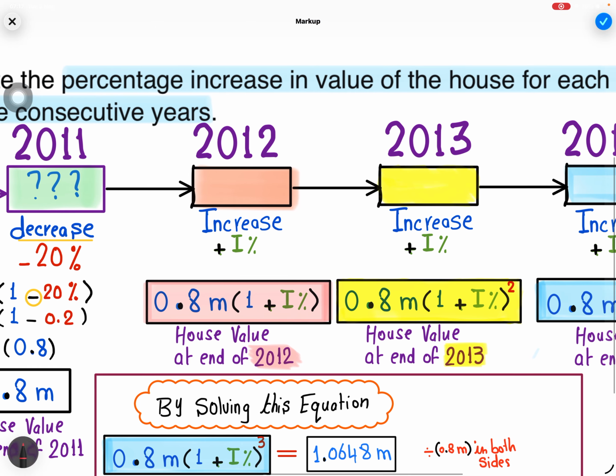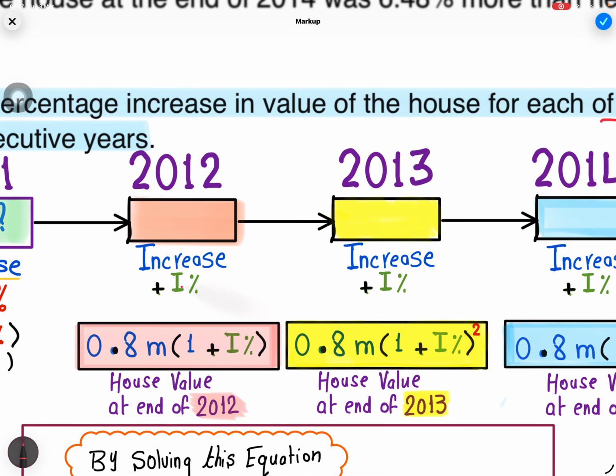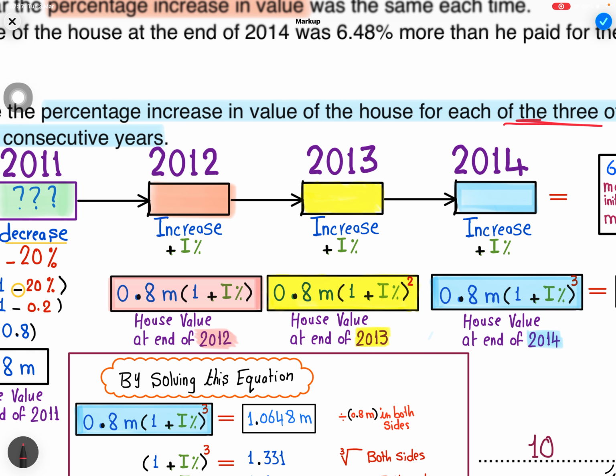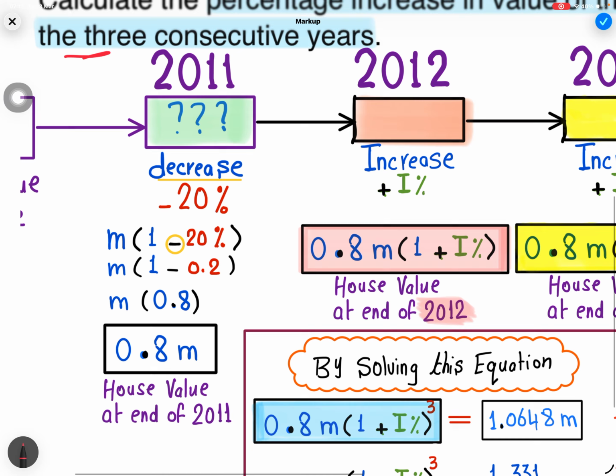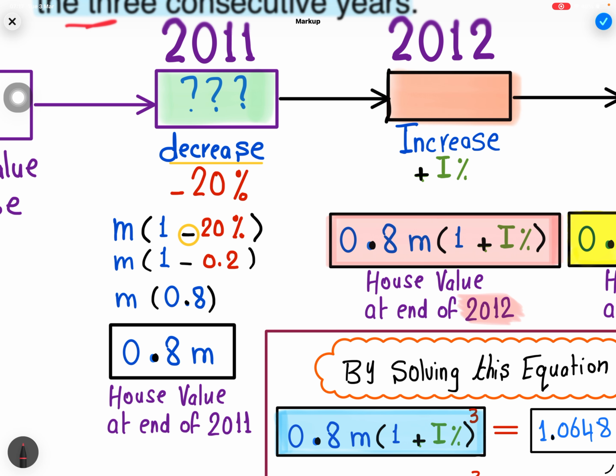For the next 3 years, there is an increase of I% for each year. So the value at the end of 2012, what will it be, by using the same rule of decay function, which is the last value multiplied by the decay factor.